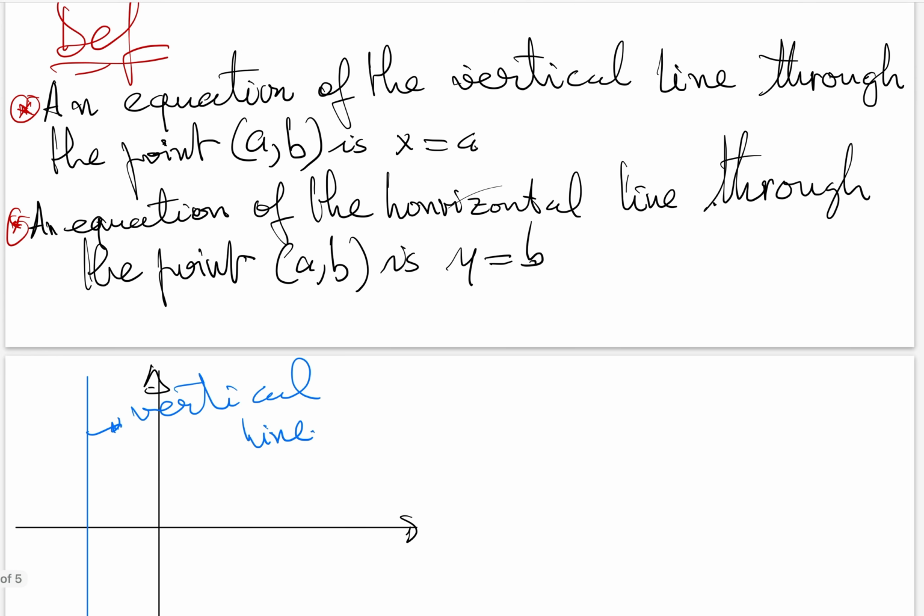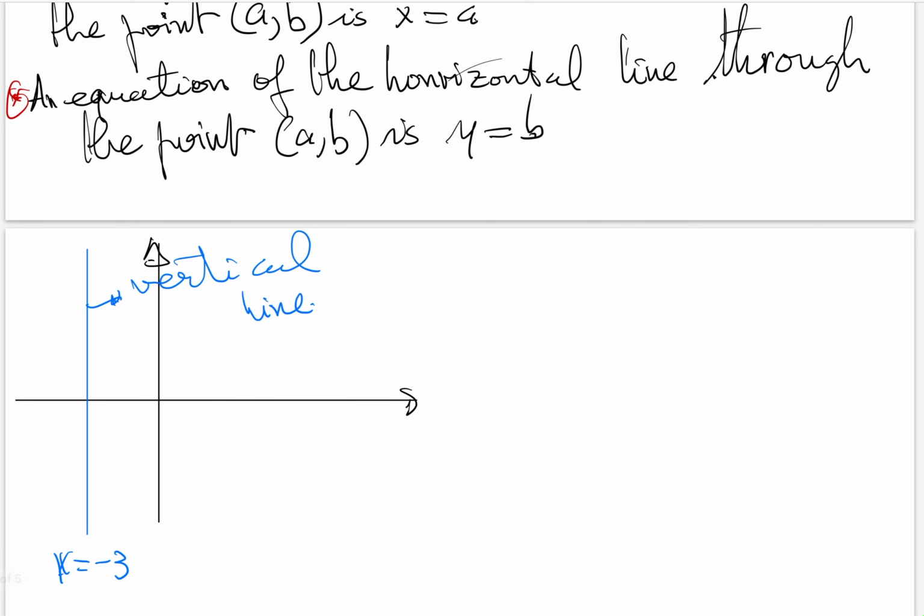If a is equal to -3, so you have your vertical line x is equal to -3. So that's the way you have to graph. Just go to -3 and then draw the straight line parallel to the y-axis passing by that point.